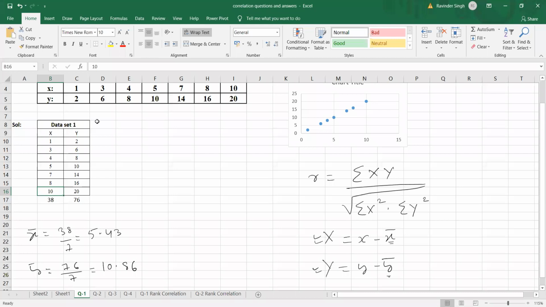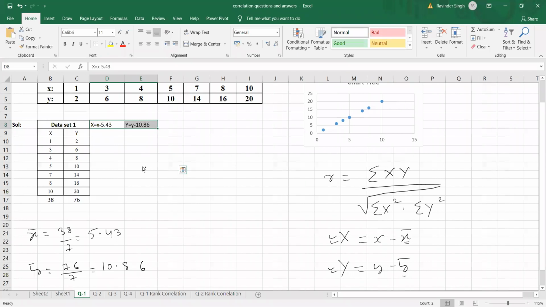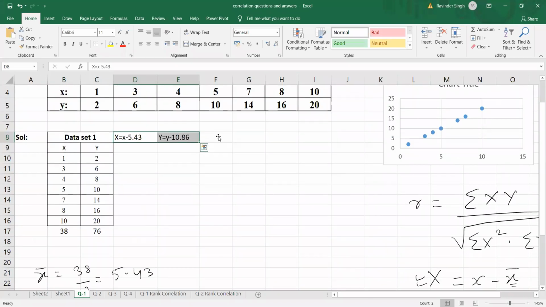Now we can calculate capital X. Capital X is equal to X minus X bar. The X bar value is 5.43. Next, I also find capital Y, which is the given set of data minus Y bar. Y bar is 10.86. Now, after finding this, what else do we have to find?